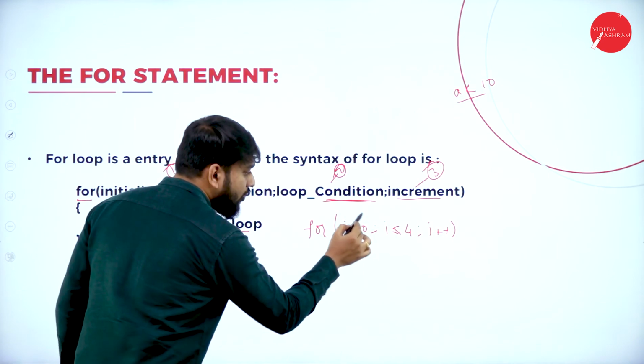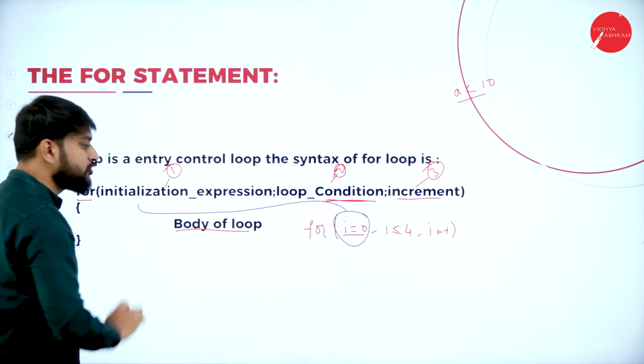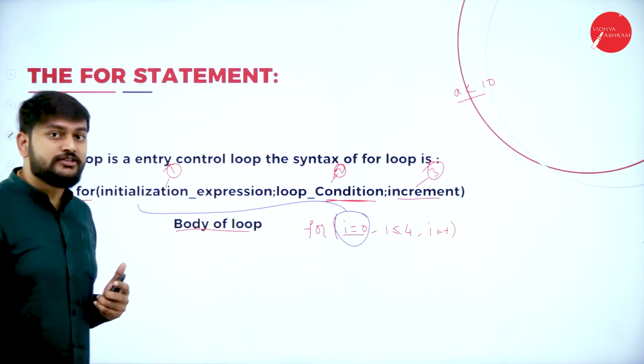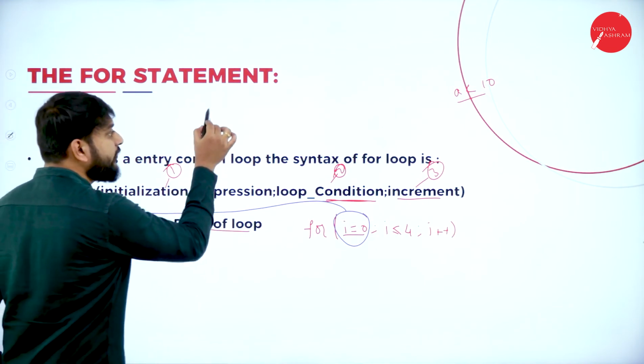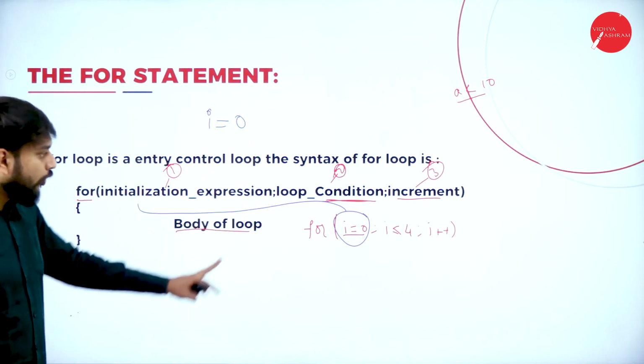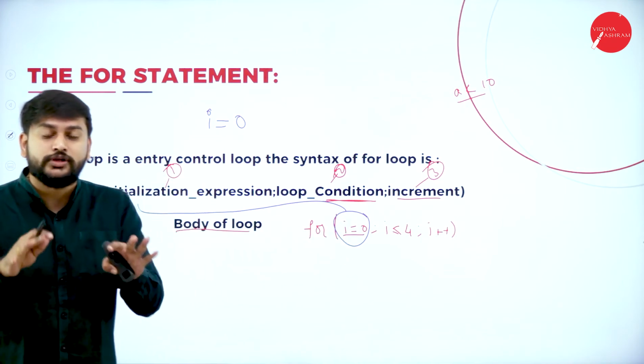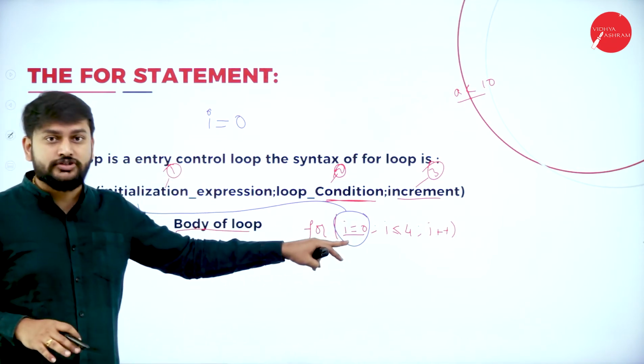This part is what I will call initialization. What exactly is initialization? I have taken a variable, and for this variable I am initializing the value. You are assigning 0. So that is what I will call an initialization.